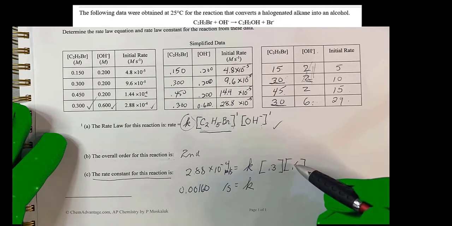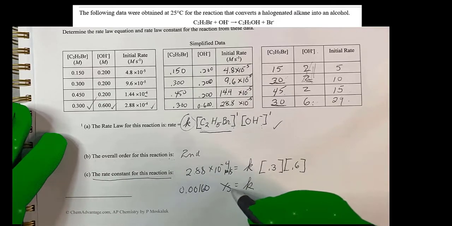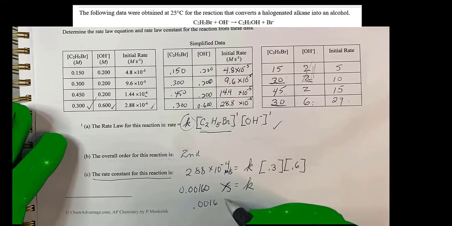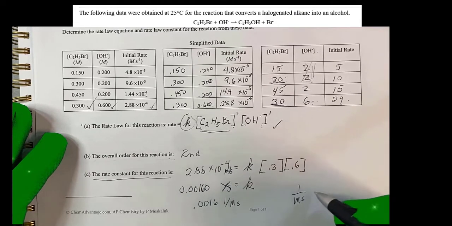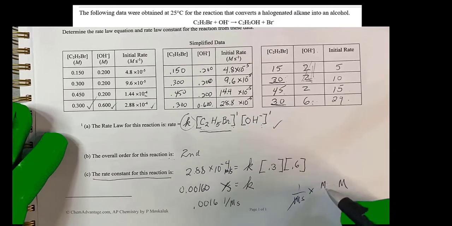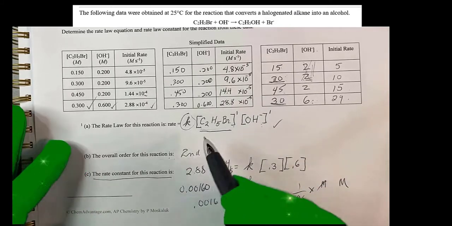So we will need to end up finally getting an answer of molar per second. So in order to do that, we're going to have to say 0.0016 per molar second. If we have 0.0016 per molar second, and multiply it by molar and molar, we get a final answer of molar per second, which is what our rate should always end up being.